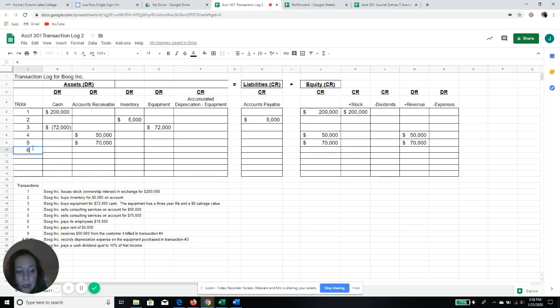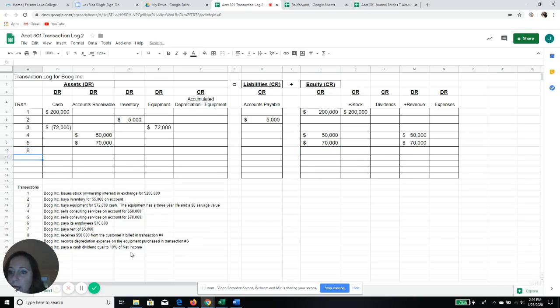Transaction number 6, Boog Inc., we're going to pay our employees $10,000. When we pay our employees, we call that an expense. So we have increased our expenses by $10,000. Expenses decrease equity. So an increase to expense is a decrease to equity.